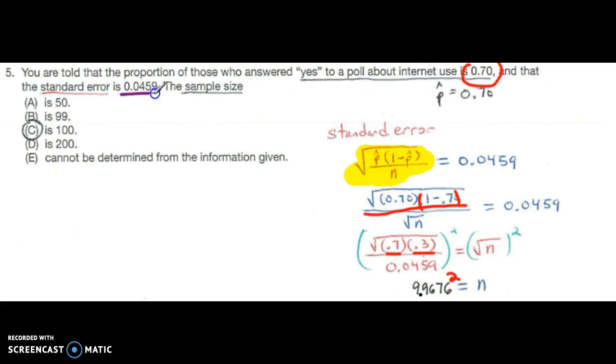They say my standard error is that number, so that goes here. To solve this algebraically, to make it really easy, all I'm going to do is take this number and switch it with this number. So now I need to solve the equation. So I'm going to take this square root, divided by the standard error. That equals the square root of n. So I'm going to take that and square it, and that is 100.